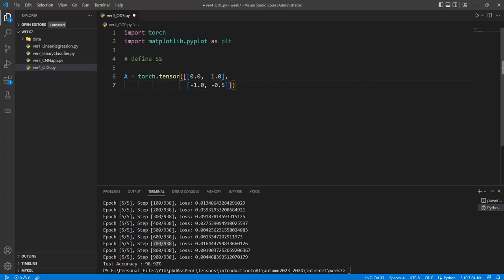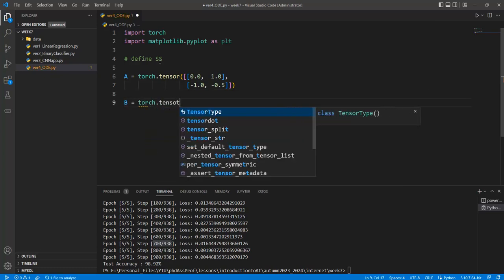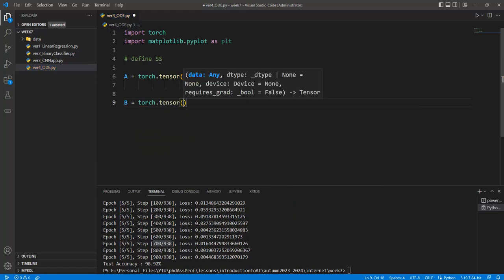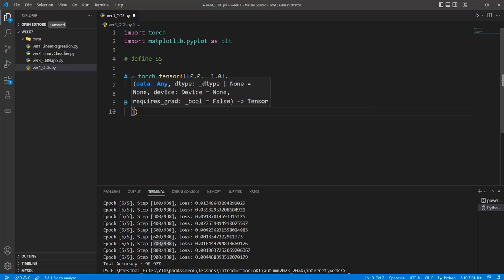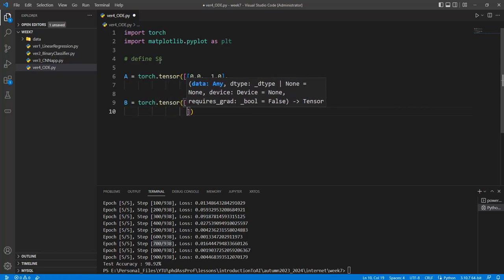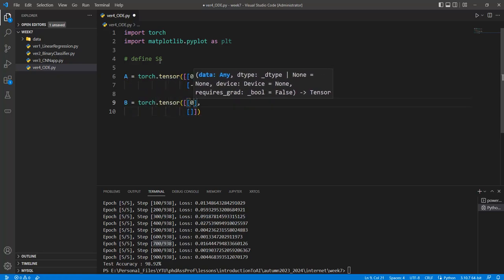This is the A matrix, the state matrix. And B is assigned with a torch tensor, 0.0 and 0.1. This is a simple implementation of the mass spring damper system in the torch model.